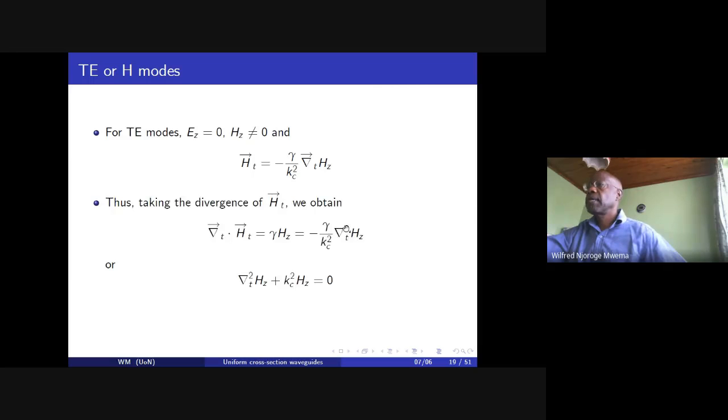And we take the divergence of H_t, and we remember that will give us a value of gamma multiplied by H_z, and we get a value of minus gamma by k_c squared multiplied by the Laplacian of H_z. Or in other words, the magnetic field intensity will satisfy the homogeneous transverse Helmholtz equation.